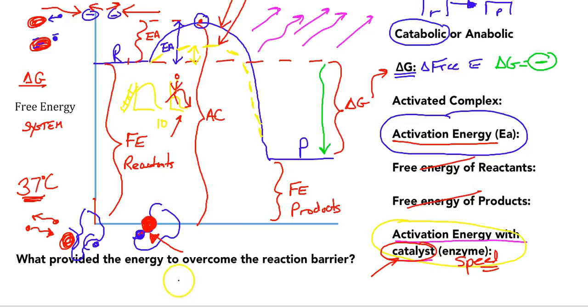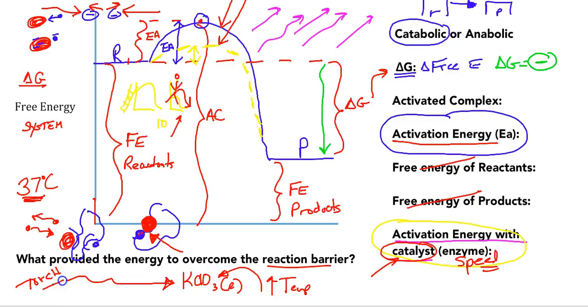We added heat, so we had a very hot potassium chlorate liquid, ClO3 liquid. So what provided the energy to overcome the reaction barrier, to start the reaction, to get to this position, was probably the high temperature of this solution, which of course was made by the spontaneous process of the torch, giving some free energy to this. Okay, so let's move forward.